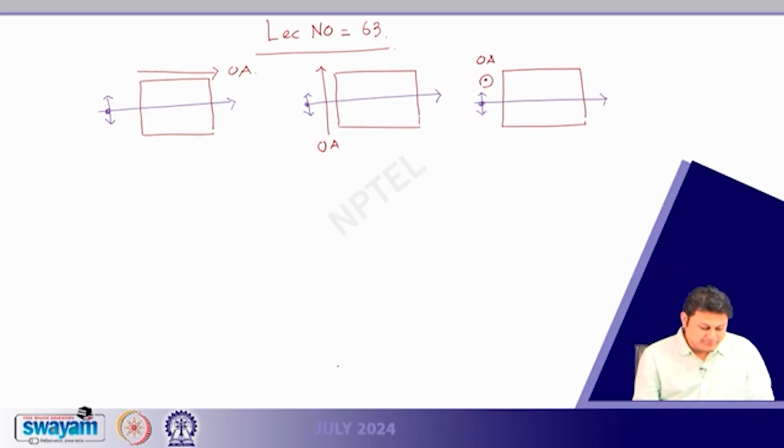So, we know that if that is the case, then there will be a difference in the refractive index, and these two refractive indices correspond to the two components, and one can have a phase difference out of that.